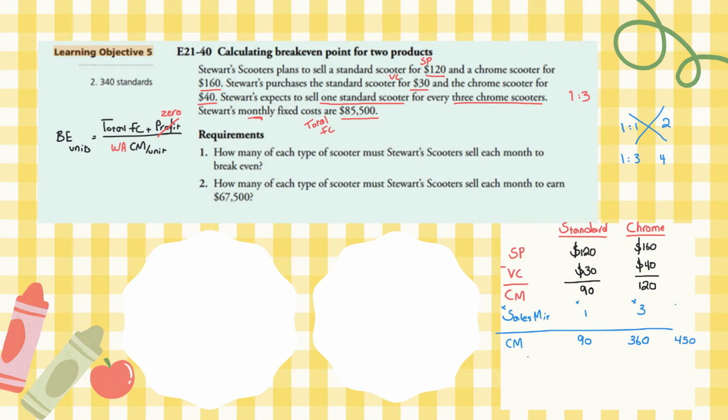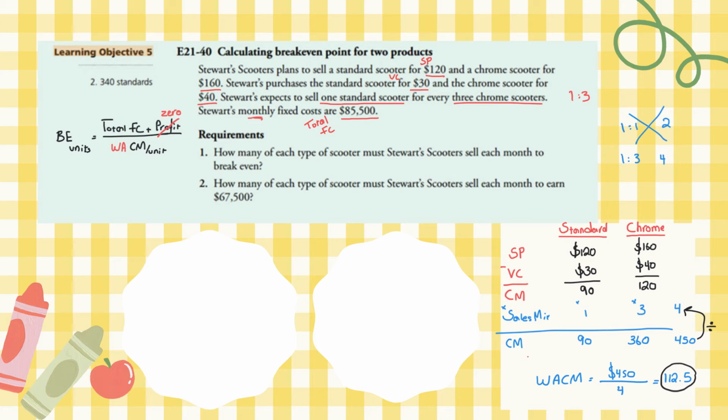And again, you need to divide it by 4. So the weighted average contribution margin per unit is 450 divided by 4, which is 112.5. Again, we divided 450 by 4.